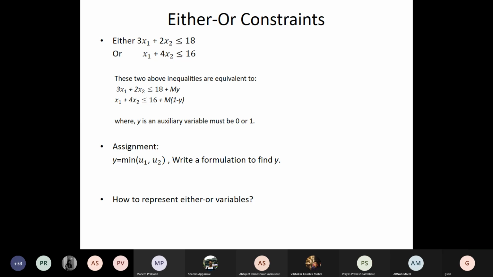Yes, sir. So similarly, how to represent either-or variables?